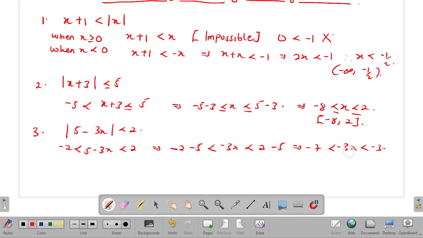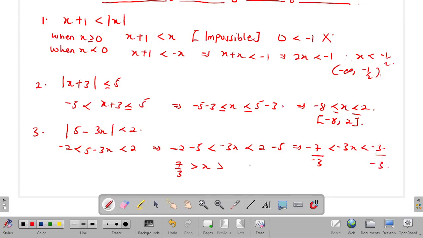At this point, you divide through by the coefficient of x, which is negative 3, and that will reverse the sign. So here I'll have this over negative 3, and this over negative 3.